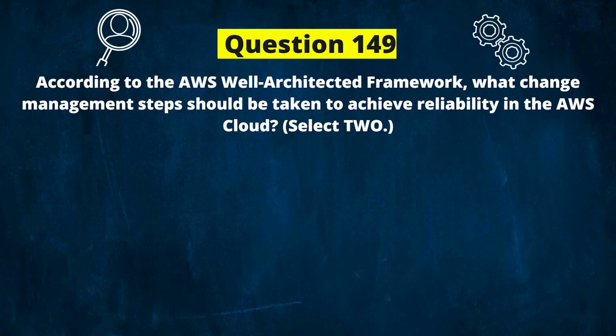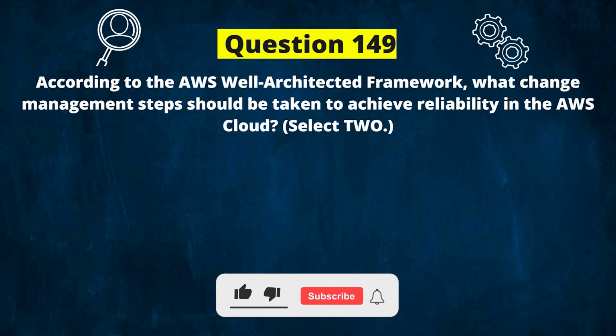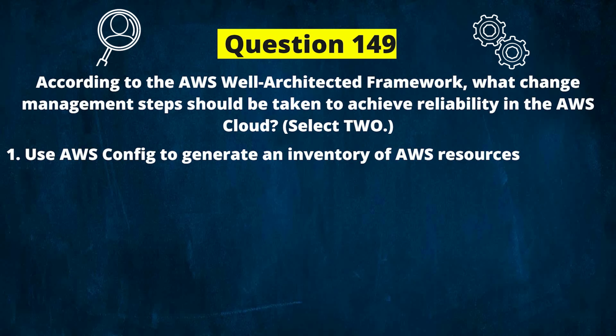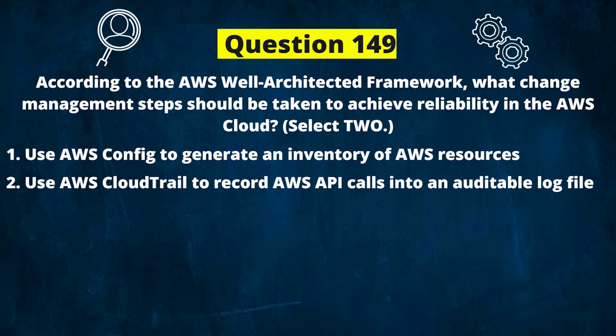Next question. According to the AWS well-architected framework, what change management steps should be taken to achieve reliability in the AWS cloud? Select two options. Now the options are: Option 1. Use AWS Config to generate an inventory of AWS resources. Option 2. Use AWS CloudTrail to record AWS API calls into an auditable log file.